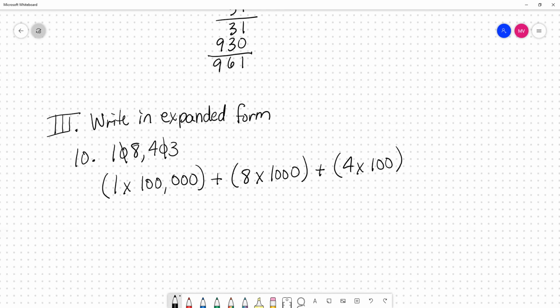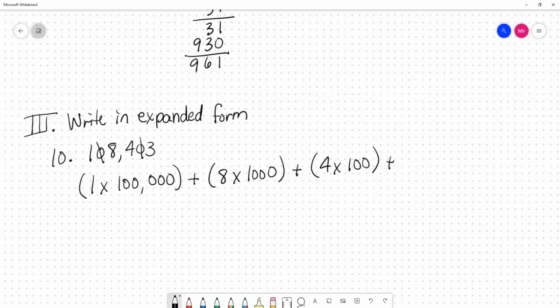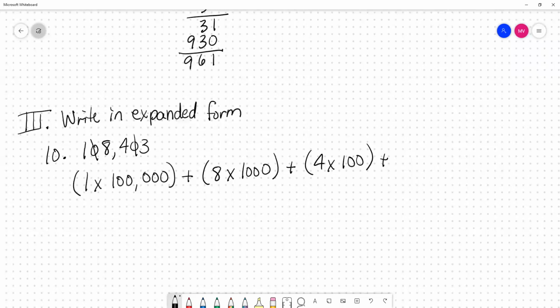But yes, you're right. It's 4 times 100. I'm doing this so we make sure we have these steps in front of us. And then, of course, in the tens place, we have a 0, so we can leave that blank. And this is 3 times what? 3 times, what place value is it in? The 3? It's in the 1. There we go. 3 times 1.